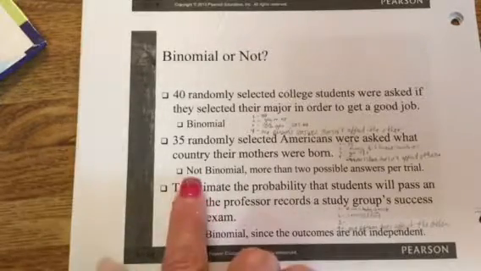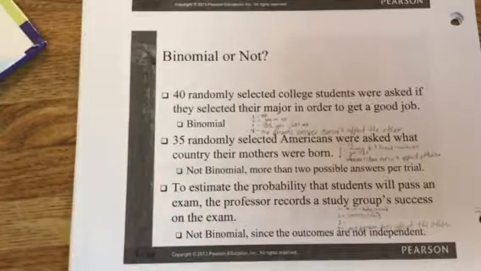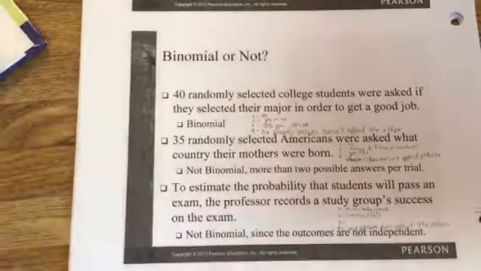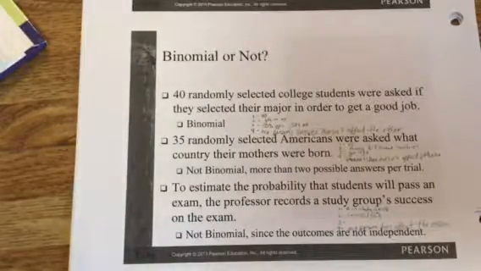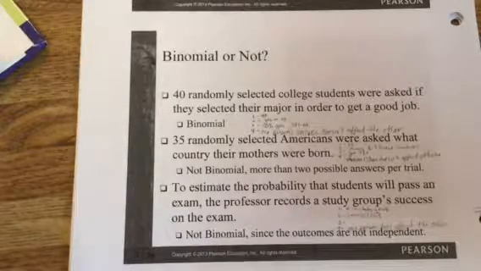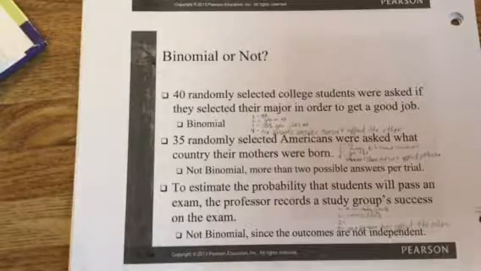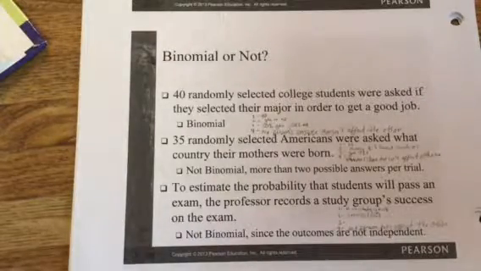If we take a look at this next one where it says 35 randomly selected Americans were asked what country their mothers were born. It's not binomial because the first one is met because there is a set number, there's 35. But the second part of that is not met because there can only be two outcomes. There's more than two countries that the mother could be born in.